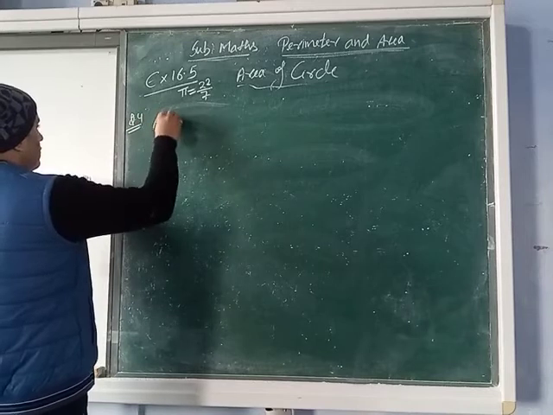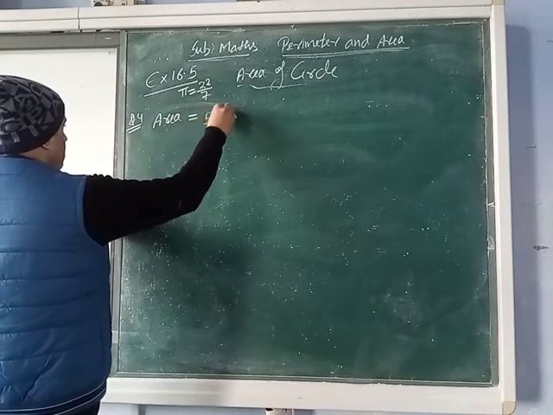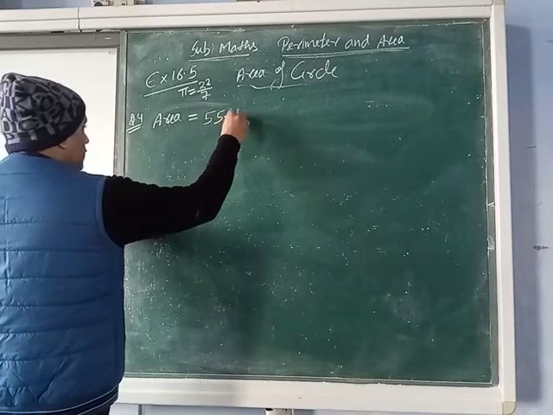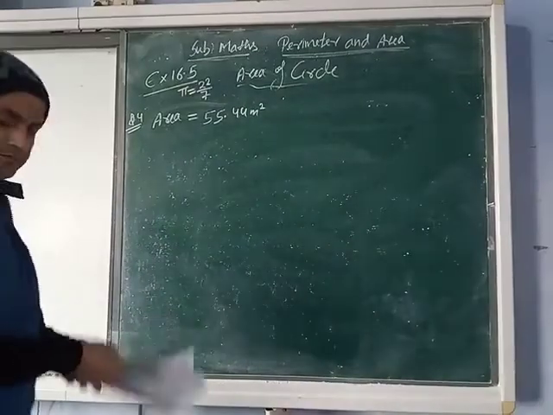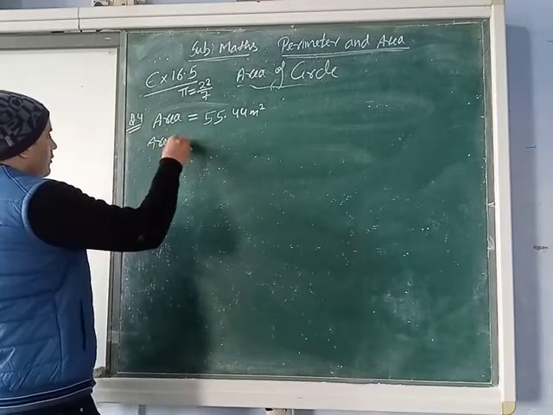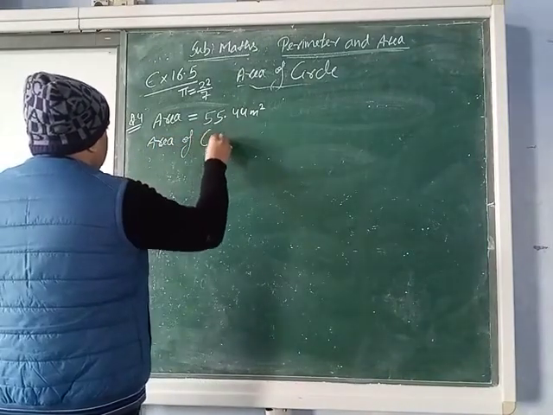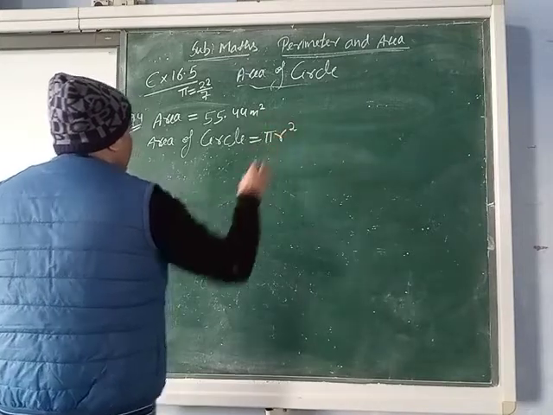What is the area? The area is 55.44 meter square. See, the area of a circle is pi r square.